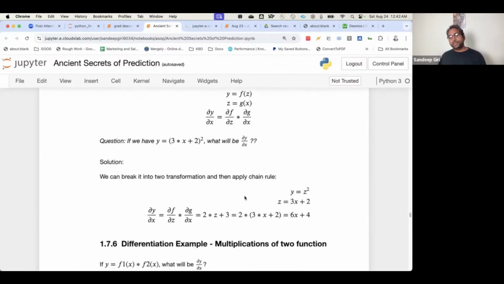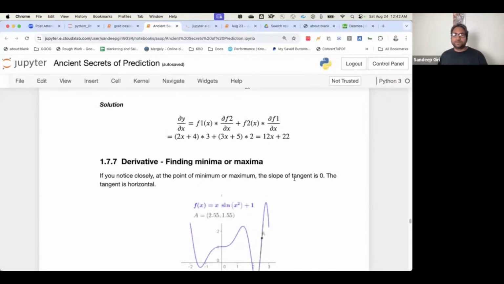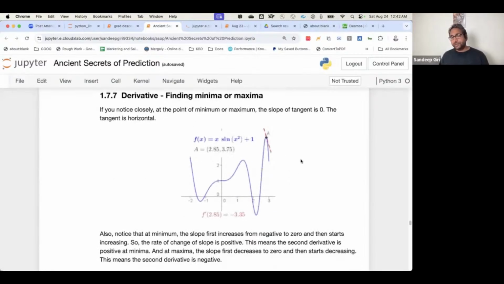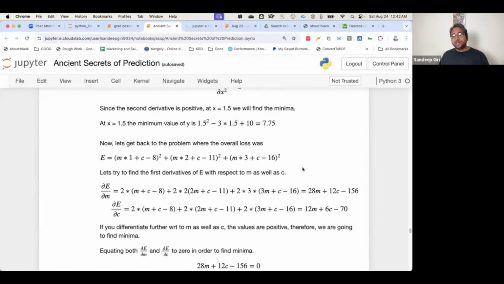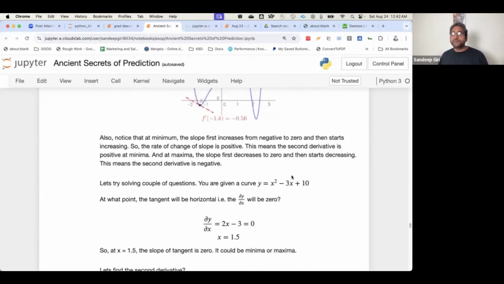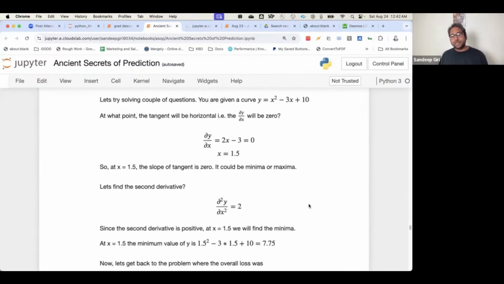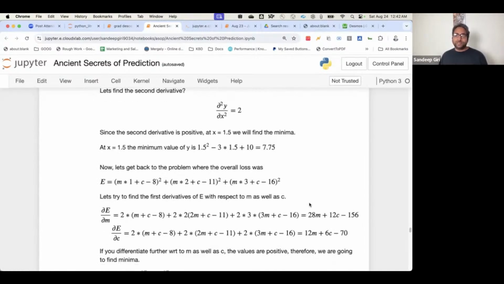You can try the multiplications, and this is a good example. Now we talked about finding minima and maxima. From here we'll continue tomorrow.